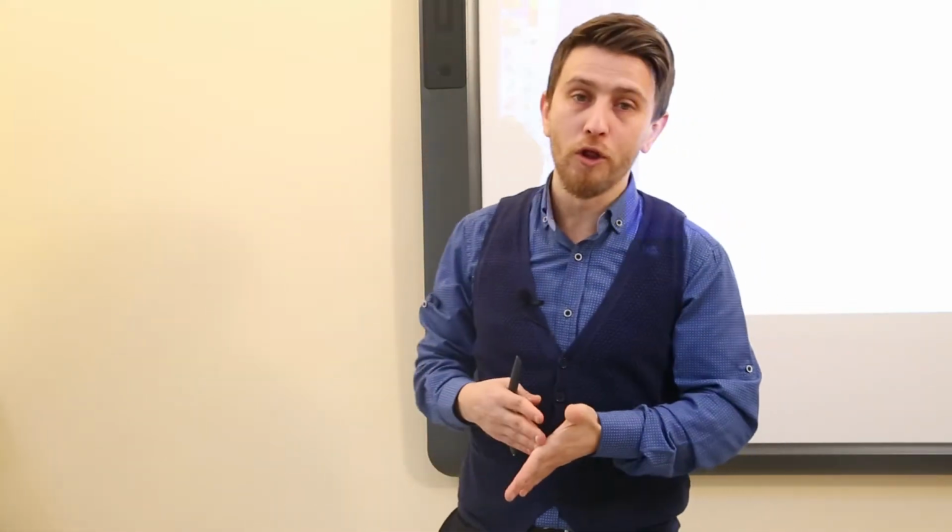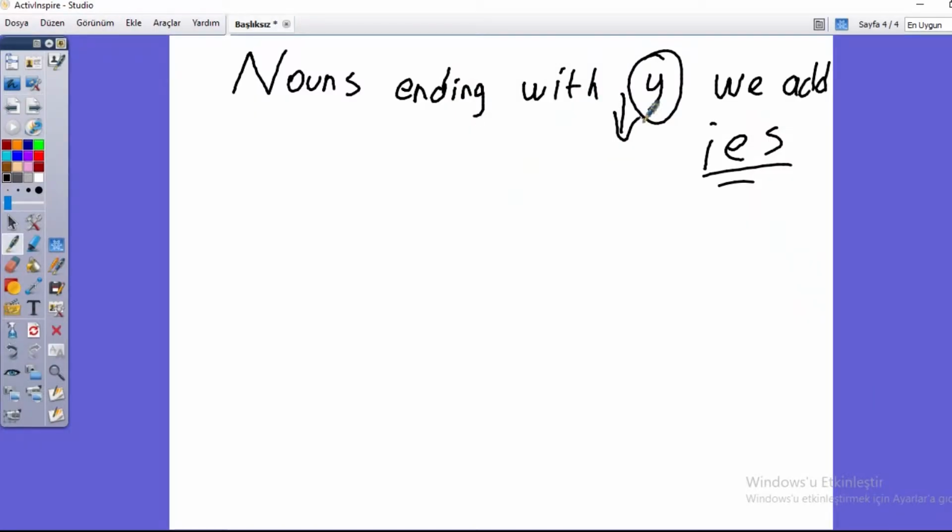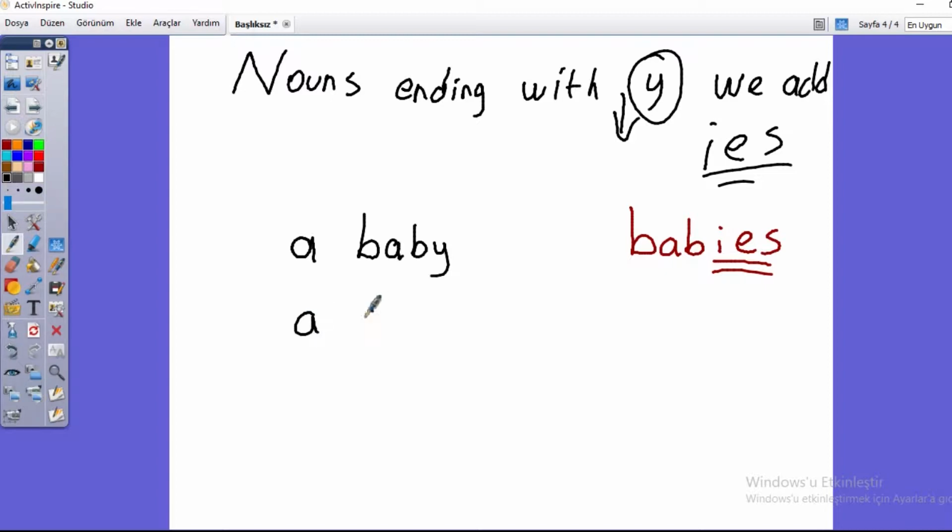Let's write them on the board. A baby, plural form. Here y drops and we add ies. Like we said, city. A city, plural form, cities. There are lots of cities in Turkey.